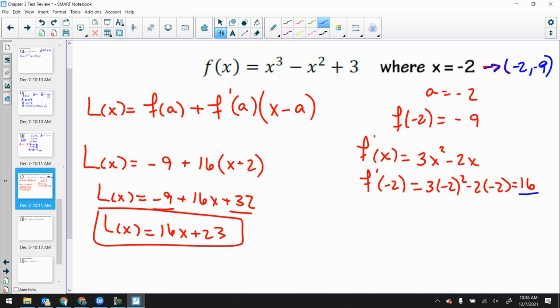And then y plus 9 is equal to 16 times x plus 2, which is essentially the same thing, right? And then distribute the 16, get the 32, subtract away the 9, you get our 23. Remember, the linearization just basically means the tangent line equation.